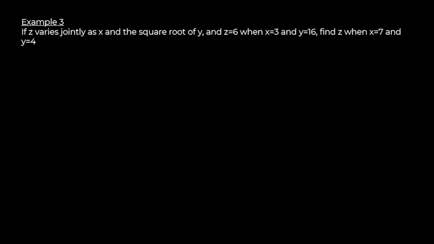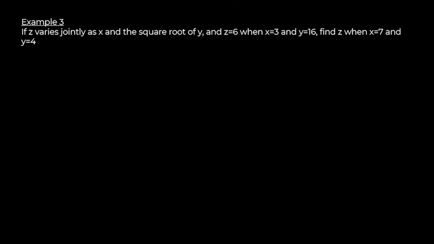If Z varies jointly as x and the square root of y, and Z is equal to 6 when x is equal to 3 and y is equal to 16, we have to find the value of Z when x is 7 and y is equal to 4.